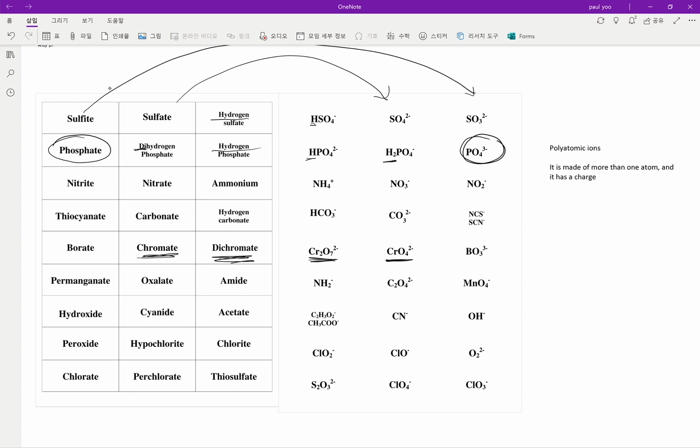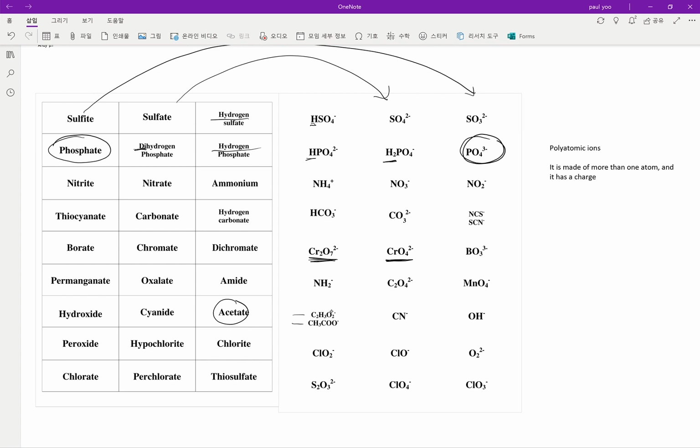So try to match the names here and memorize some of the names or all of the names, because everything here is very important. And acetate can be written in two different forms, CH3COO- or C2H3O2-.